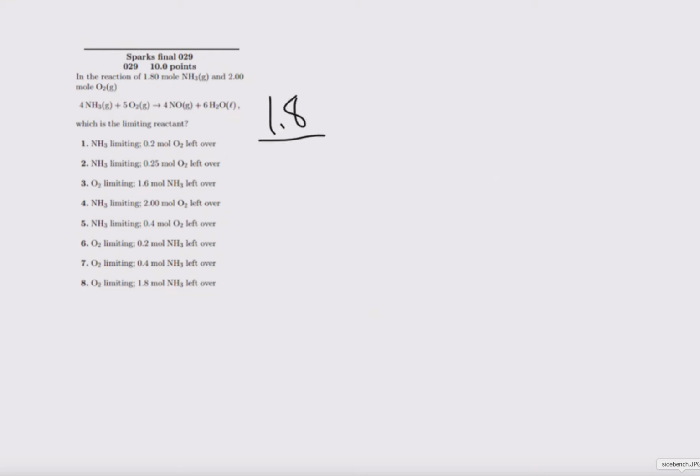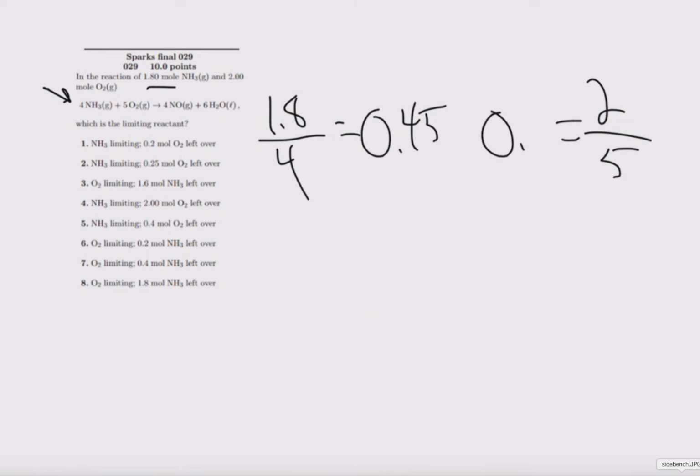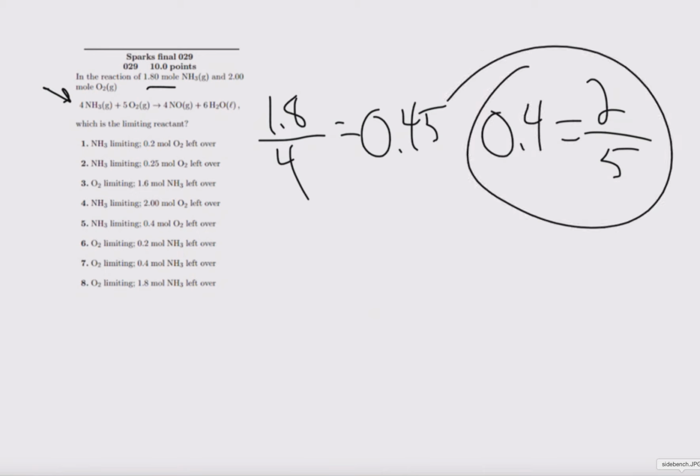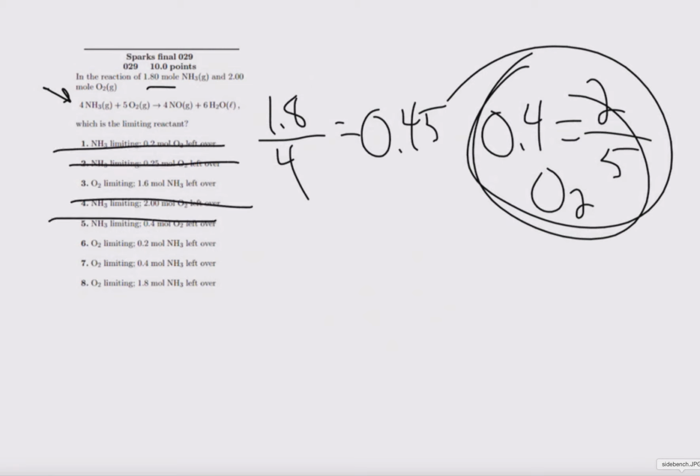So 1.8 moles of NH3 compared to the 4 moles you should need gives you 0.45 as a value. 2 divided by 5 for the oxygen is 0.4. So this is the smaller number compared to how much we need. So oxygen is the limiting reactant again. So cross out everything with NH3 as a limiting reactant.